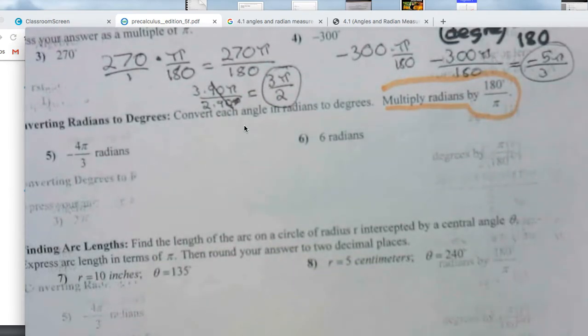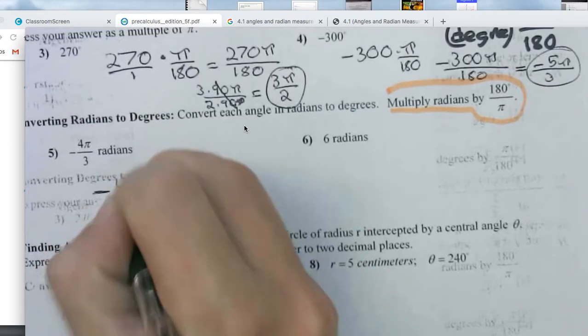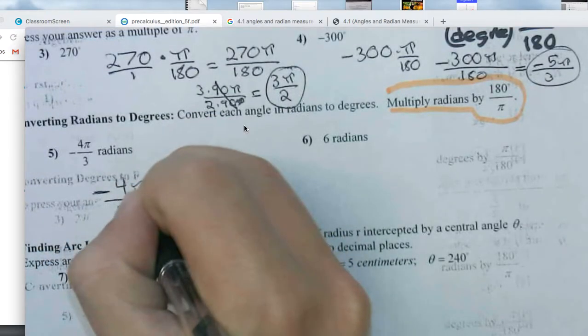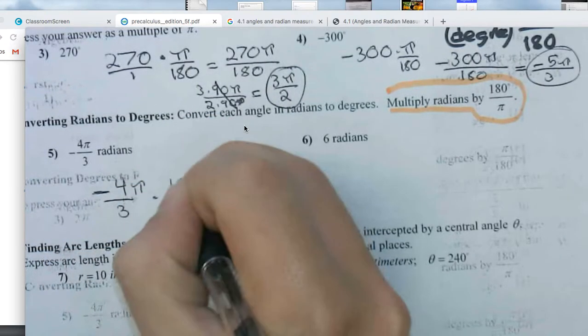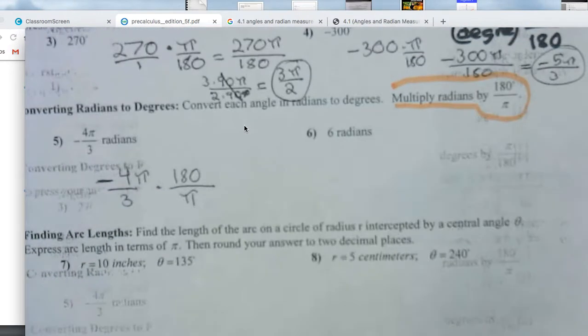So we take negative 4/3 pi and multiply it with 180 over pi. We know we're on the right track if our pi terms cancel. That's super important.